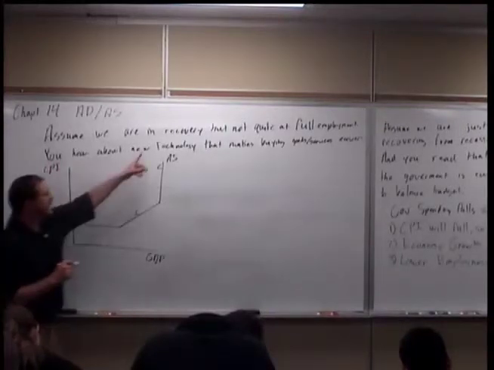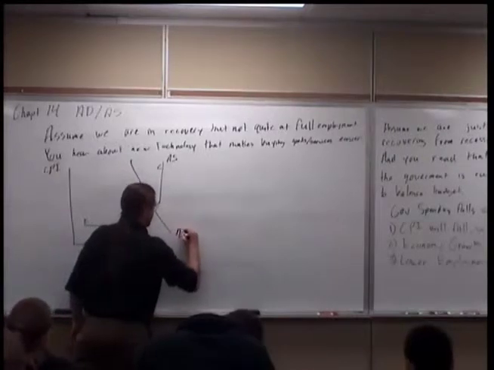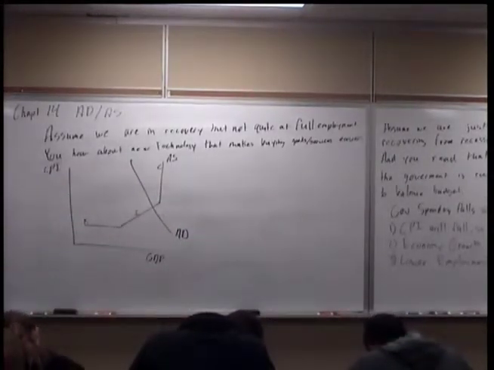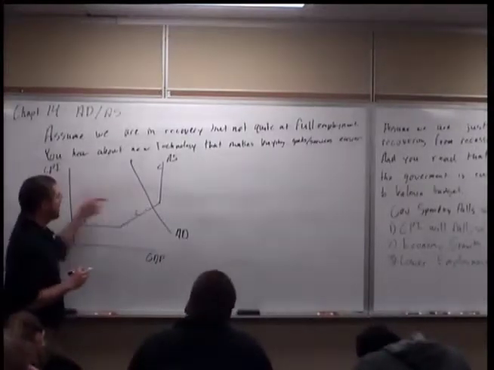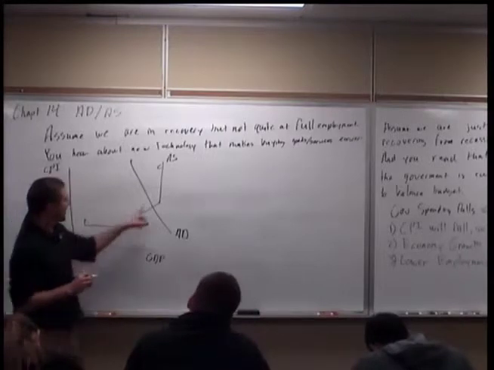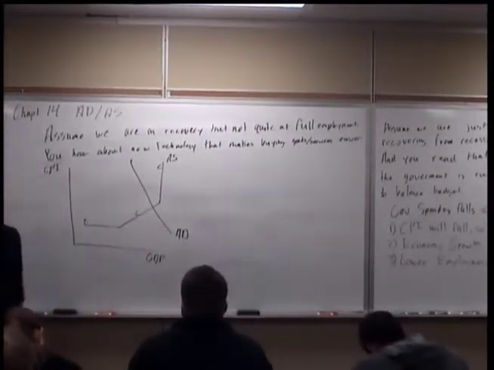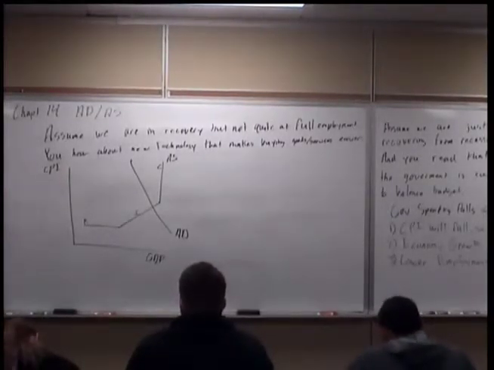In order to be in C, you have to be at full employment. So yeah, we'll put aggregate demand somewhere over here. So we're having some inflation. The economy's humming along fairly well. It's recovering fairly well, so we're getting some CPI being a little bit higher than normal. But the nice part about it is that GDP is cranked way up there. So everybody's got a job, or most everybody who needs one or wants one. And the economy is happy.